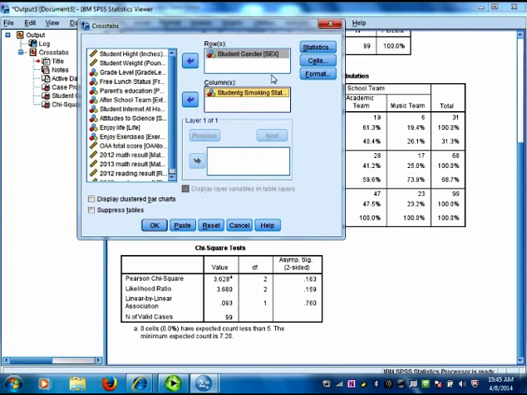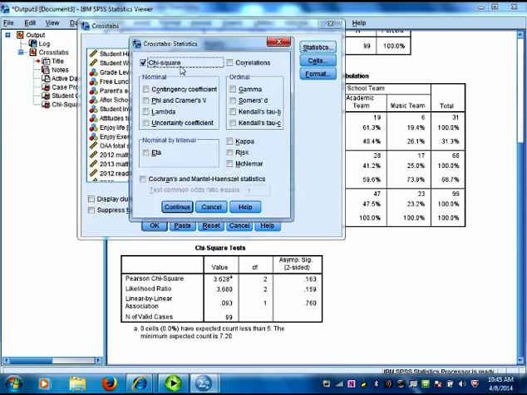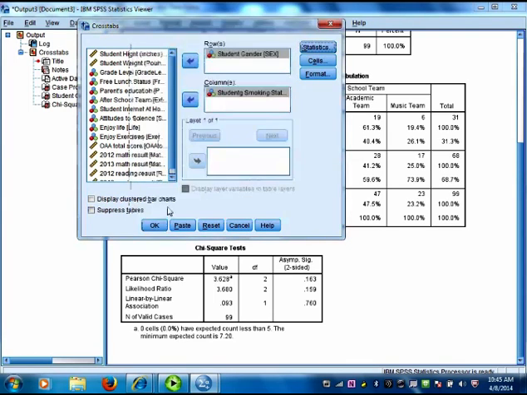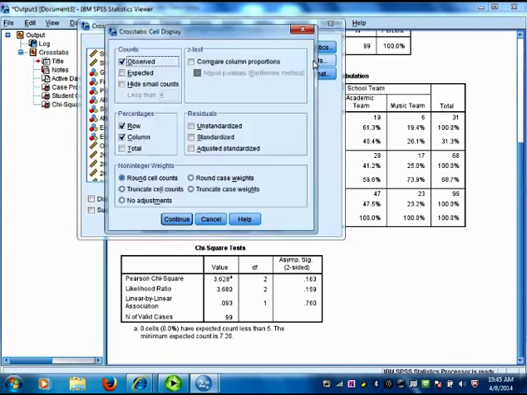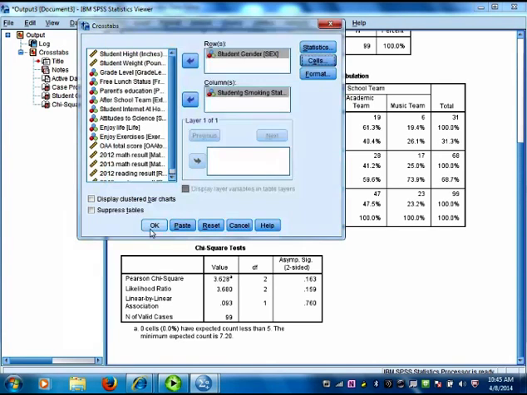So in this case, both are categorical nominal variables. I will use chi-square analysis. Again, I go to Statistics and check chi-square here. And I'm going to go to Cells and check the percentage of each group representation in both rows and columns. And I say continue and OK.